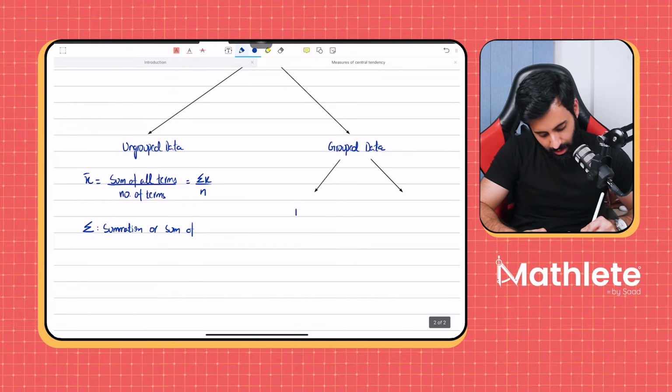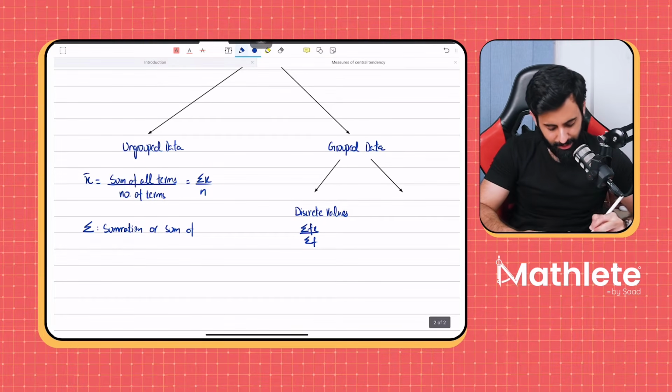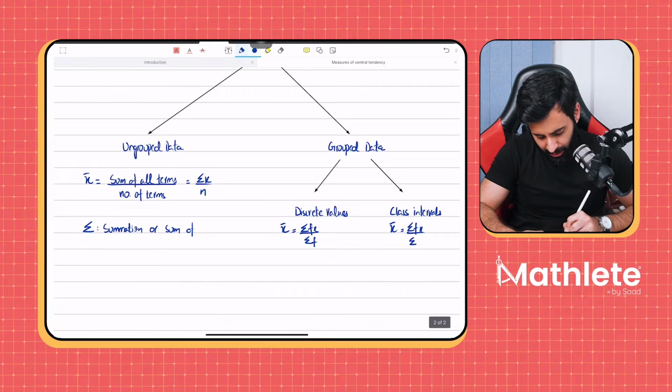If you have discrete values, this is how it works: summation fx over summation f. We're going to do an example, and you'll see how it works. This is how we calculate the mean. And when you have class intervals, the formula is the same, but there's something else that we do when we're calculating mean when we have grouped data in class interval form.